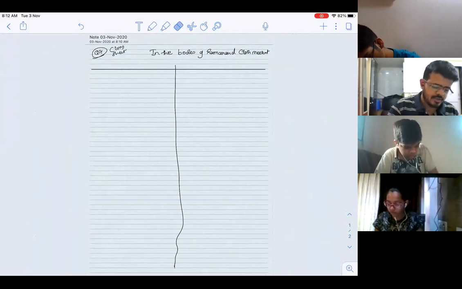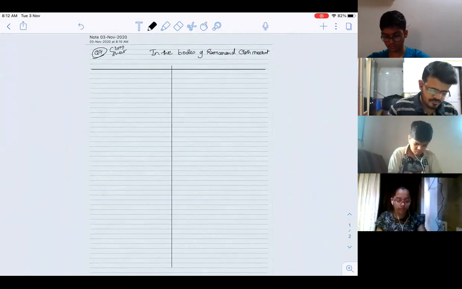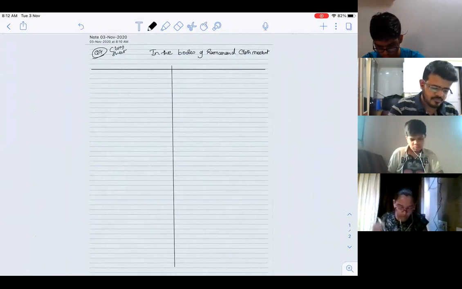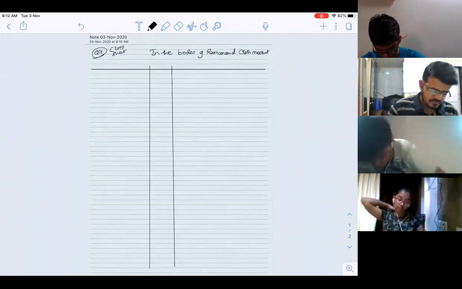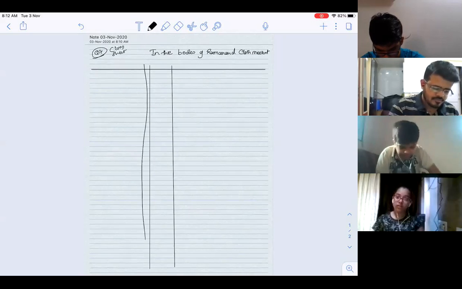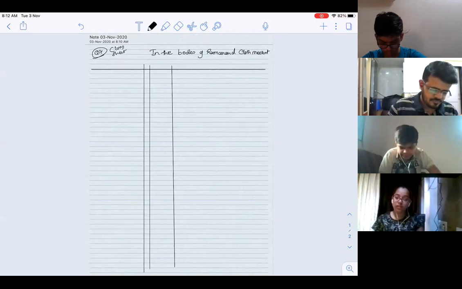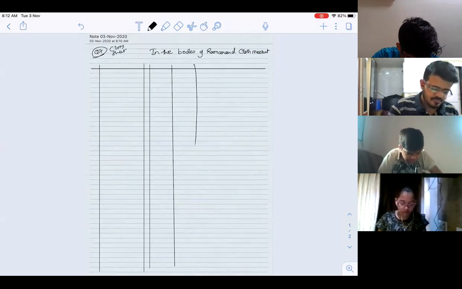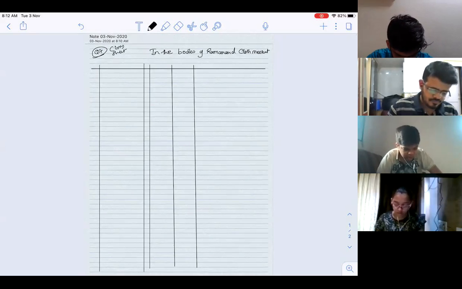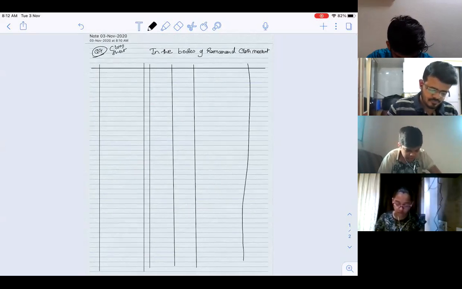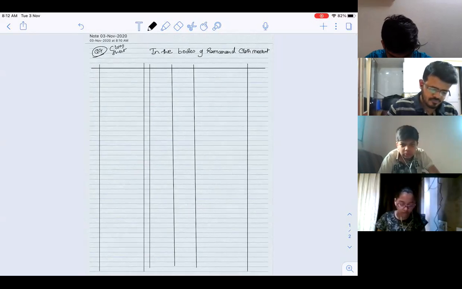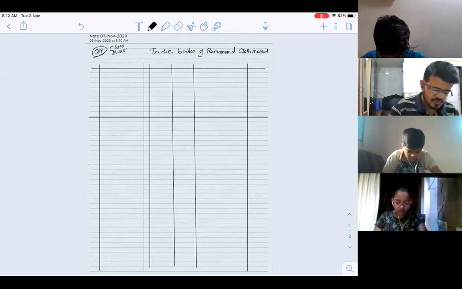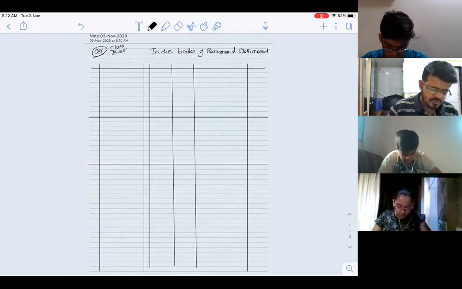You take a mid partition and start. Equal size.